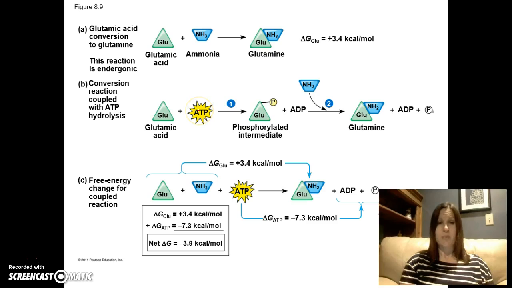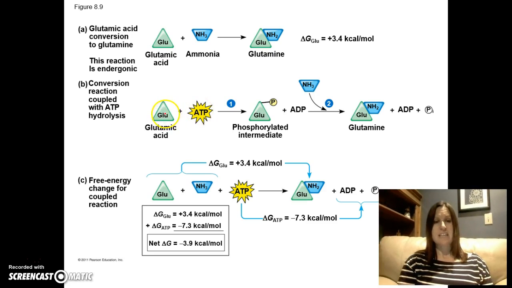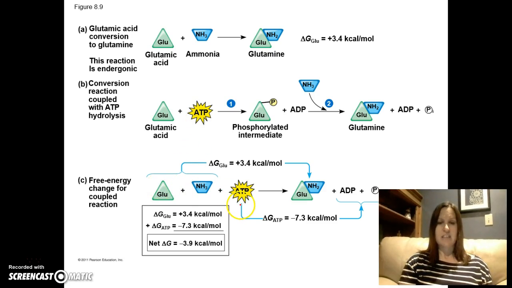So when ATP goes through its reaction, the energy that is released powers the glutamic acid forward by phosphorylating it and then allowing this reaction to occur. Now, we're going to look exactly at how ATP does this in the next flip. But what I want you to see here is that the delta G that is required to make this reaction happen is only 3.4.